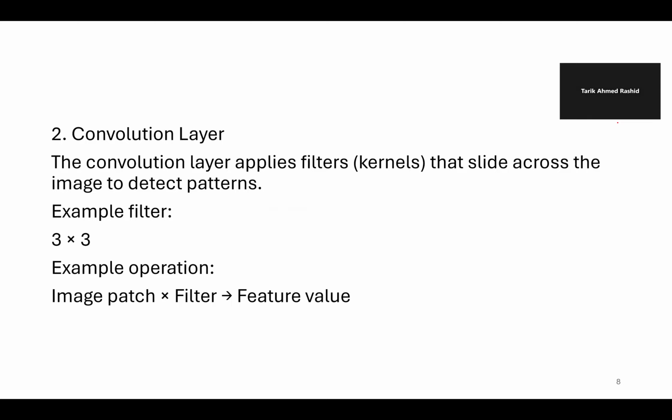Second layer, convolutional layer. This layer applies filters, sometimes called kernels, that slide across the image to detect patterns. An example of these filters could be 3 by 3, and then it slides across the image.